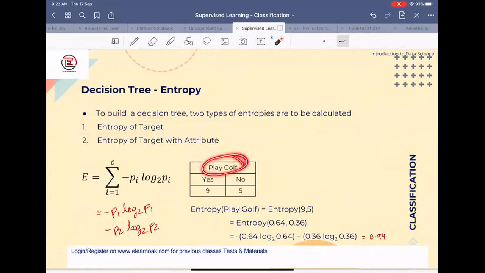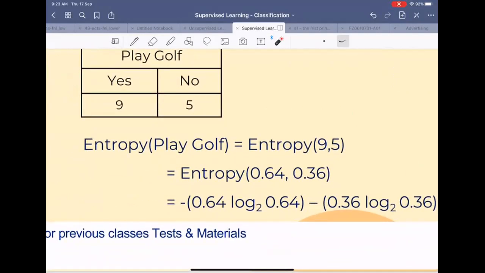Play golf has 2 values, yes and no, 9 yes and 5 no. So the entropy of playing golf is equal to the entropy of 9, 5, which is equivalent to the entropy of 0.64, 0.36. How do I come from 9, 5 to 0.64, 0.36? Simple. I take 9 and divide it by the total number of terms, which is 14. So 9 by 14 is 0.64 and 5 by 14 is 0.36.